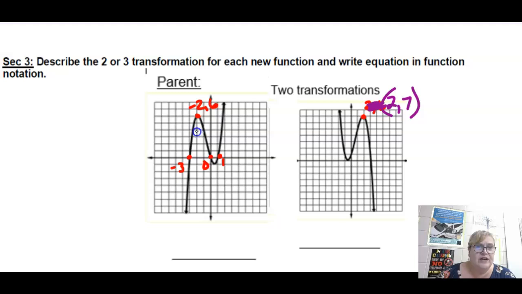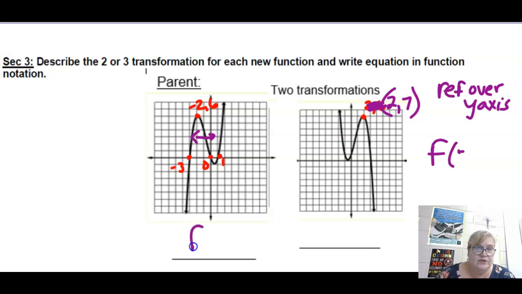So the x changed sign. This flipped across the x-axis. So it reflected, I'm sorry, the x's changed sign, so it reflected over the y-axis, which is an inside. So if we call this f of x, we have a negative inside.